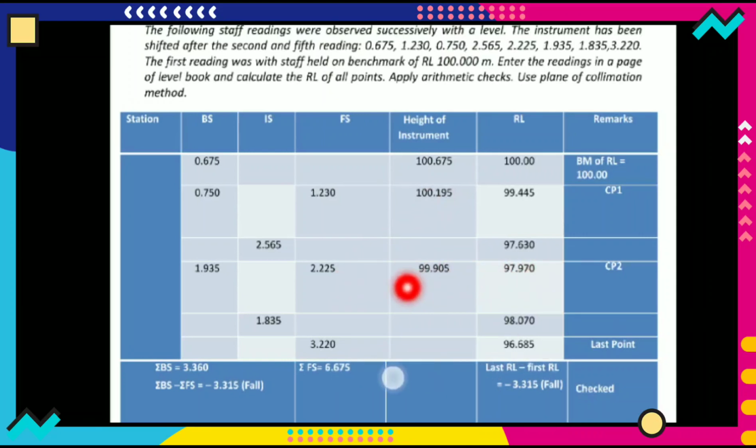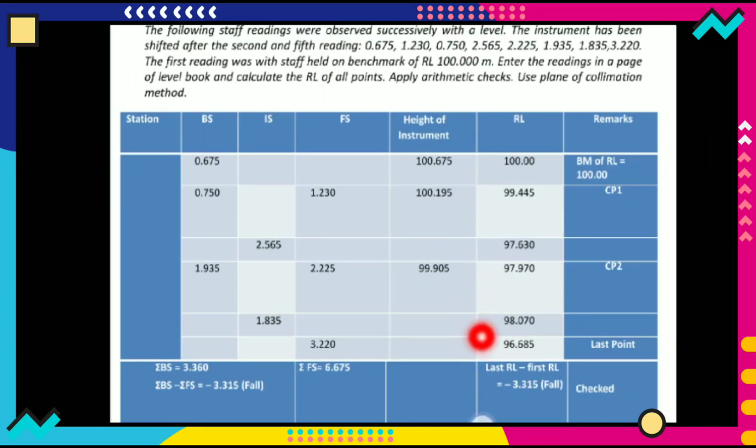After this reading we take a backsight again. So the RL of the benchmark plus backsight is equal to HI. So this minus this is equal to this. This minus this is equal to this. Then last RL minus first RL.